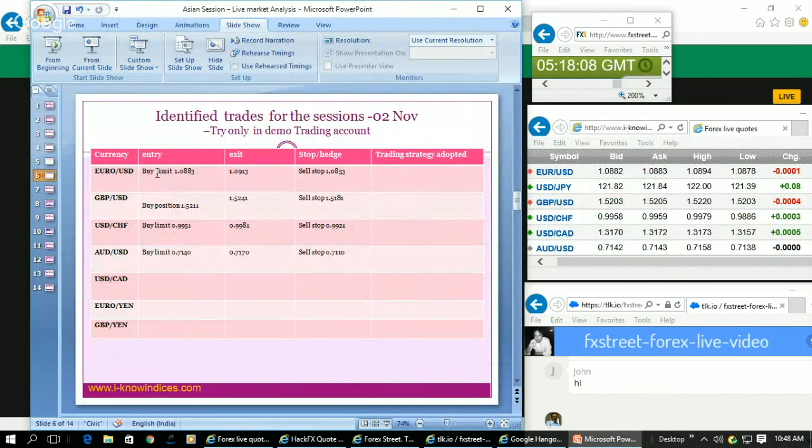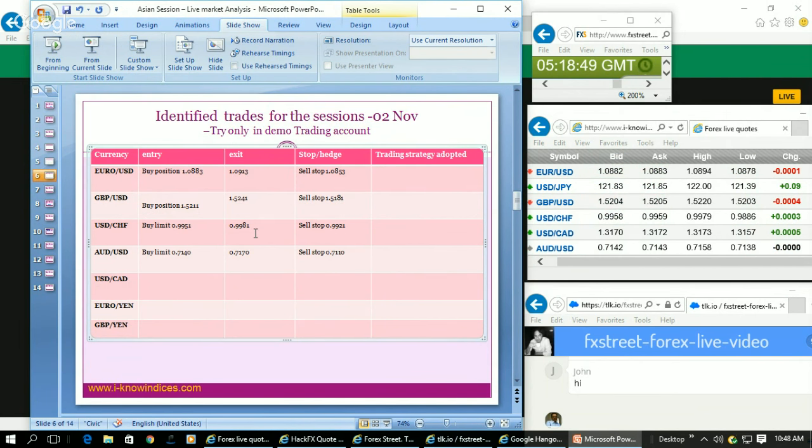Now it becomes a position. Then 30 pips above, you can keep the limit order at 1.0913 and the stop 30 pips below the entry level. And in the case of GBP, this is already a buy position at 1.5211 closer to the low, and 1.5241 is the exit, and the stop is 1.5181 level.